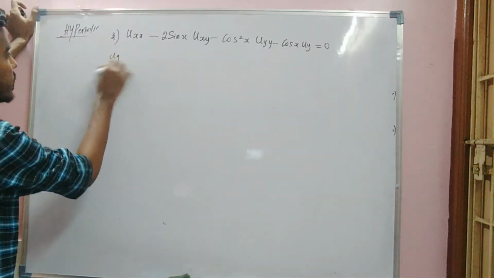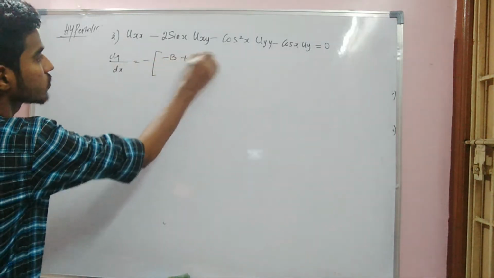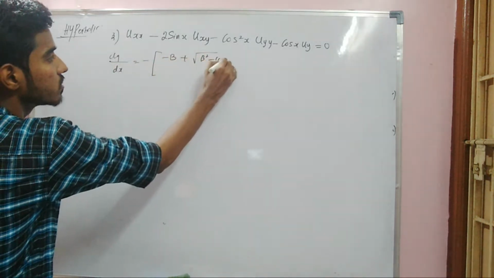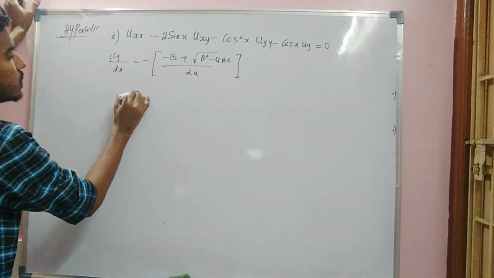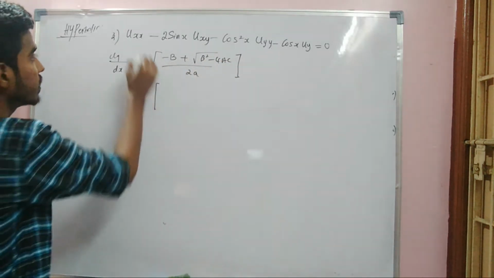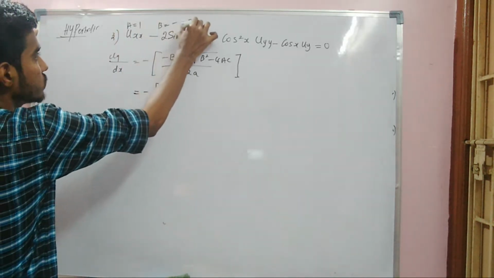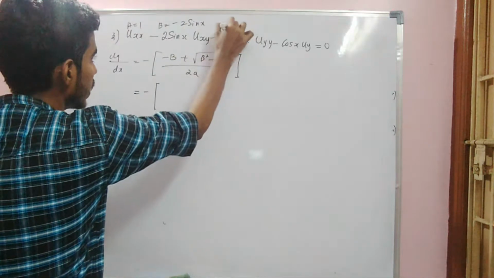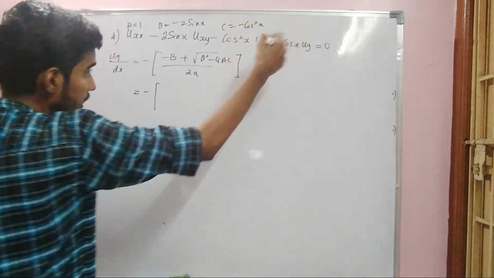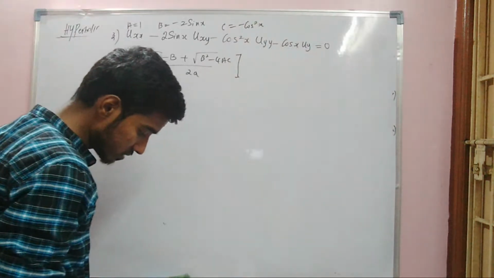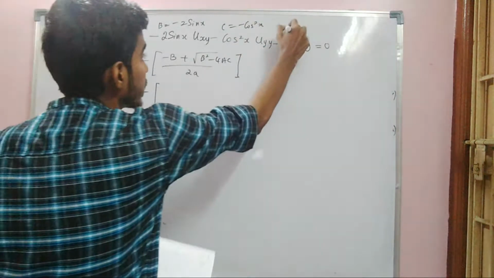So dy by dx is equal to minus b plus square root of b square minus 4ac, divided by 2a. Our a is 1, b is minus 2 sin x, and c is minus cos square x, and uy is e, so e is equal to minus cos x.